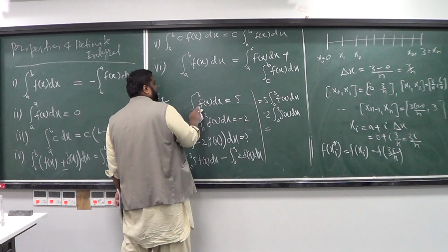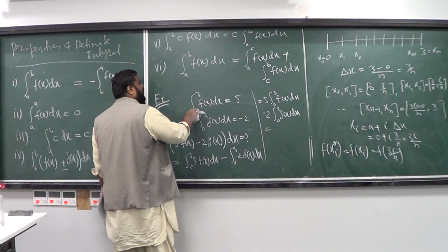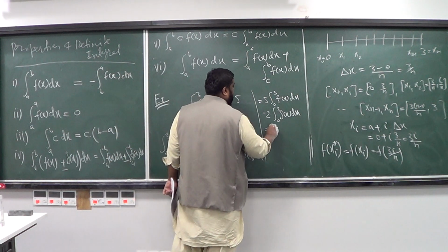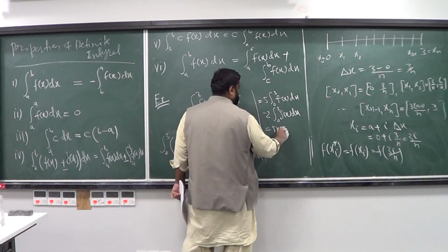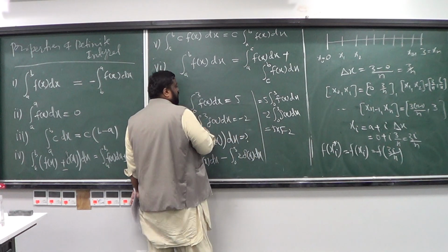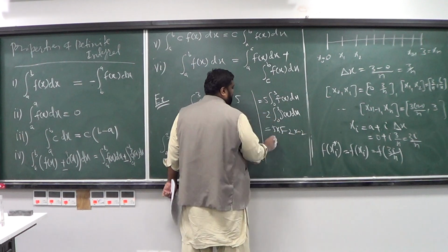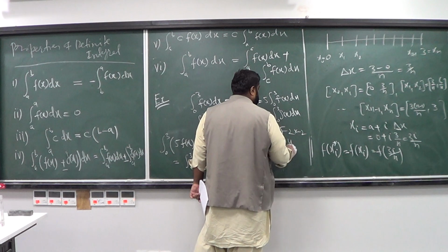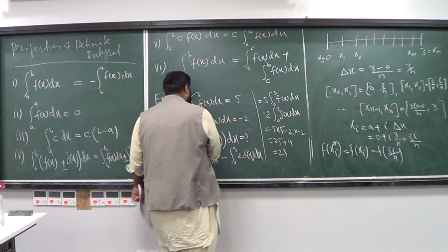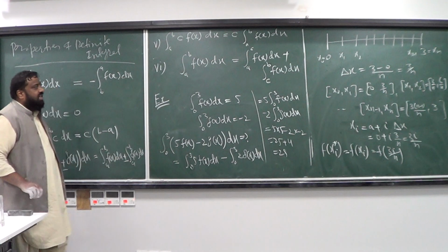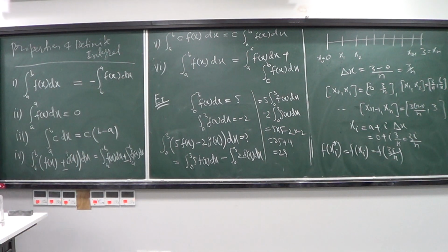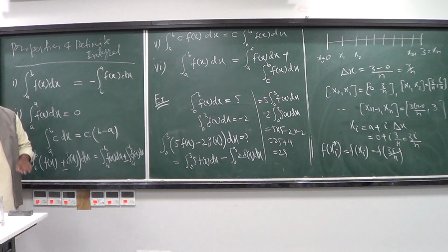The value of the integral of f of x from 0 to 3 is 5, so it's going to be 5 times 5 minus 2 times the integral from 0 to 3 of g of x dx, which is minus 2. So it's going to be 25 plus 4, so it's going to be 29 actually. So this is the value of the integral.